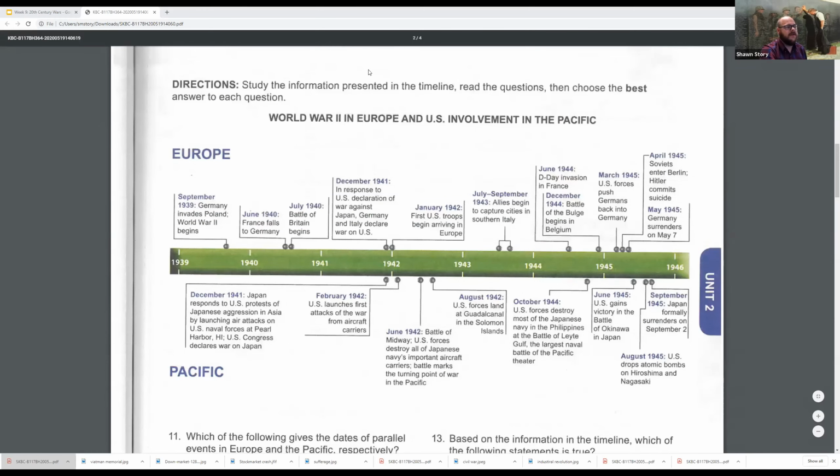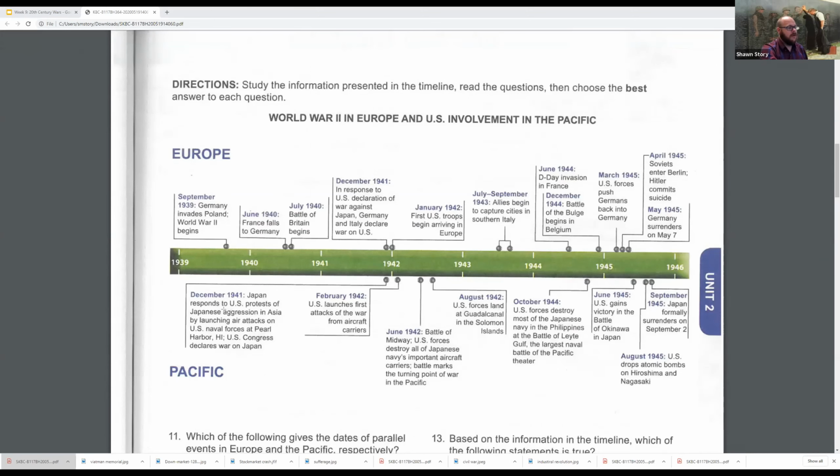Let's look in the Pacific first. So here Japan attacks Pearl Harbor and we start the war. The first place the US goes is the Battle of Midway, and they destroyed the Japanese Navy ships at Midway, which is not Japan.